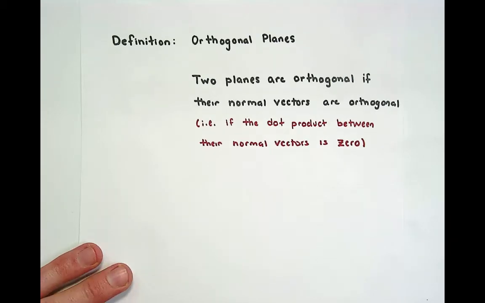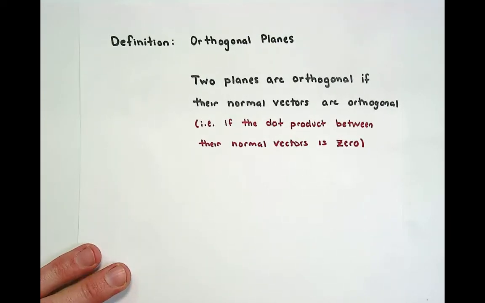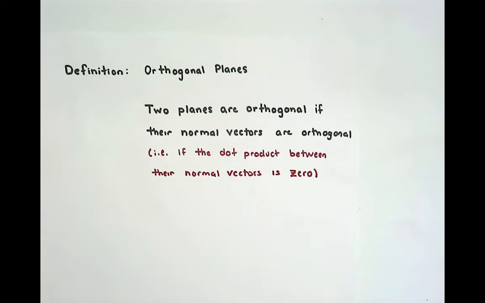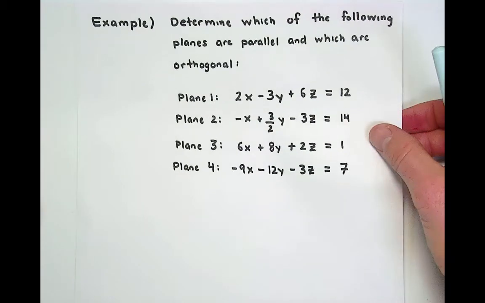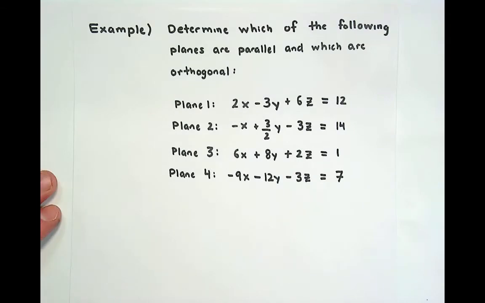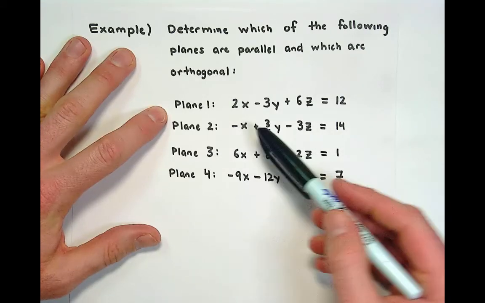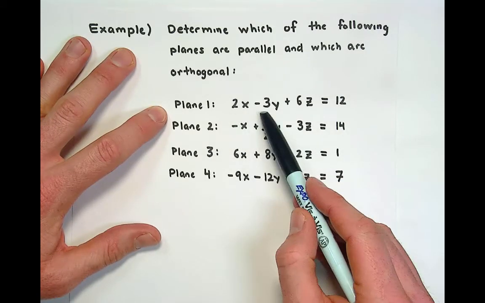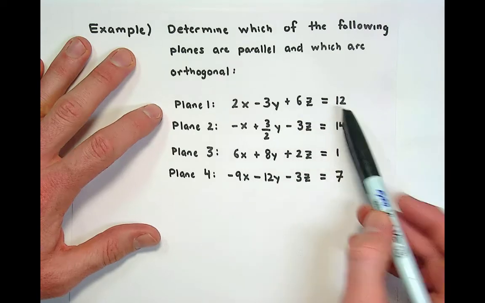Armed with this knowledge, let's do some analysis of a particular example. Here we go. Suppose we are given the equation for 4 planes, and we're asked to determine which of these planes are parallel and which are orthogonal. Here we have plane 1 is given by 2x minus 3y plus 6z equals 12.